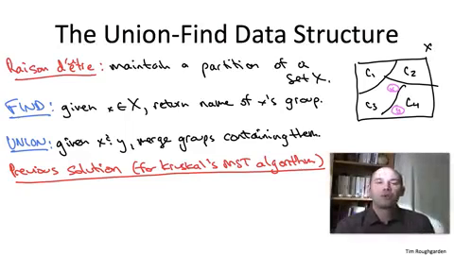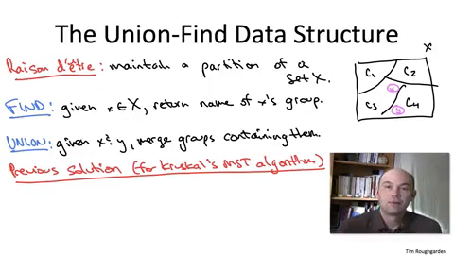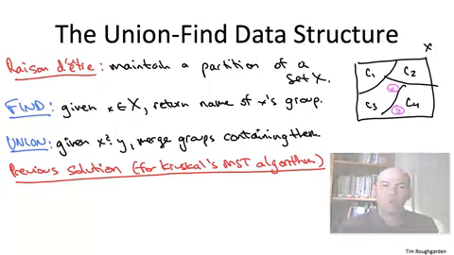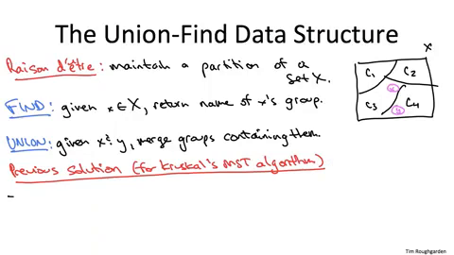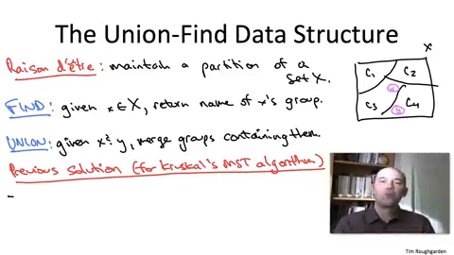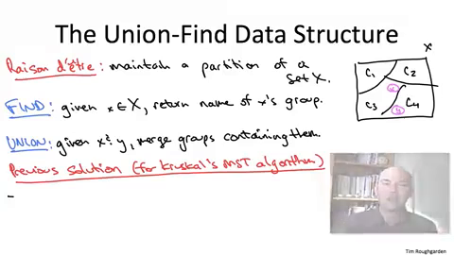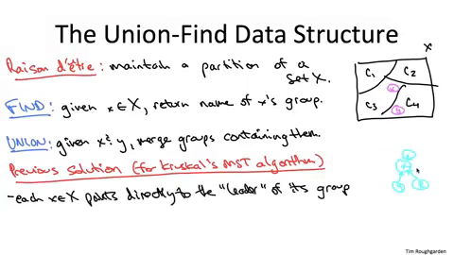So we already went through one implementation of union-find. That was in order to get a blazingly fast implementation of Kruskal's algorithm. So let's just review how that worked. With each group, we associated a linked structure. So each object had one pointer associated with it. And the invariant was, in a given group, there was some representative leader object, and everybody in that group pointed to the leader of that group.